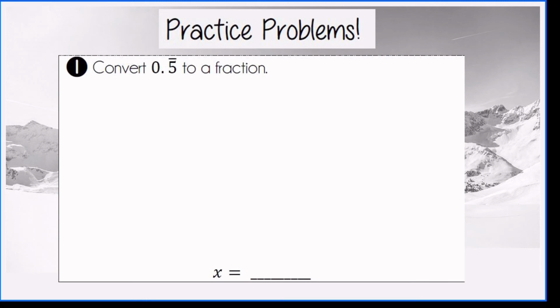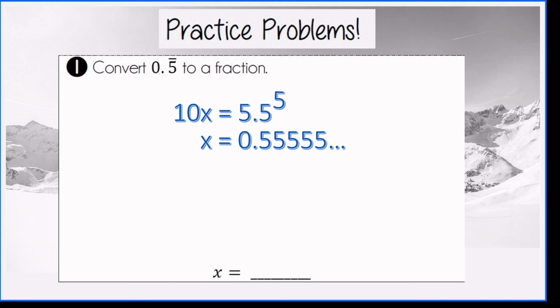So let's go practice this one, and I'm going to go a little quicker because I just went through the steps. So first, we're going to set x equal to our repeating decimal. My second equation, it's only one number that repeats, so I'm going to multiply both sides by 10. Multiplying something by 10 when it's a decimal, it just moves the decimal place once.